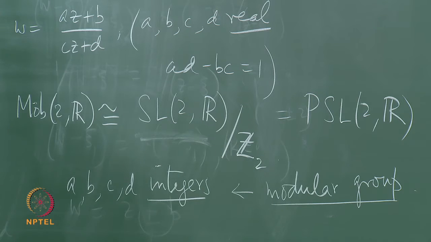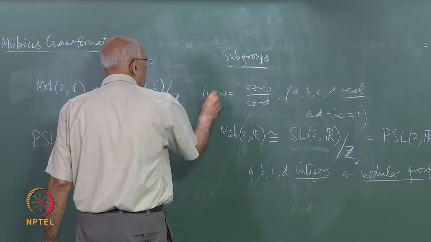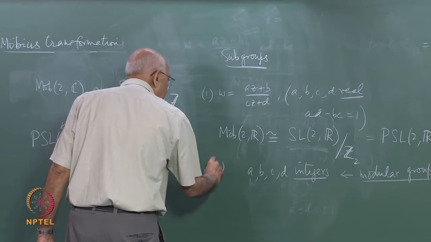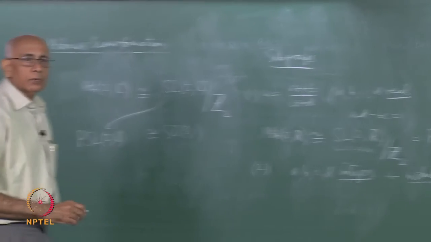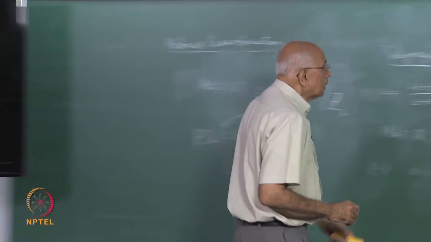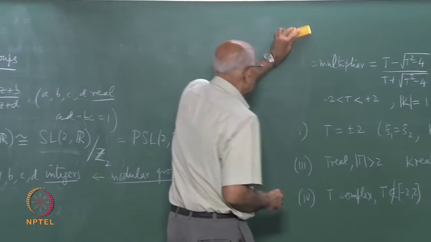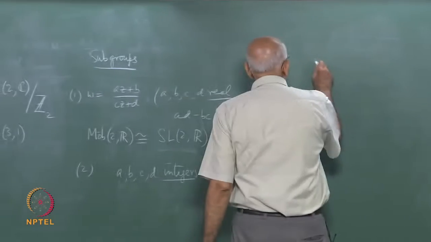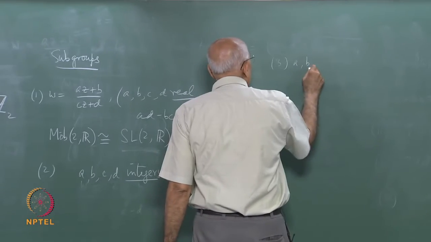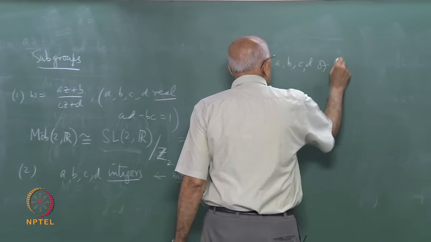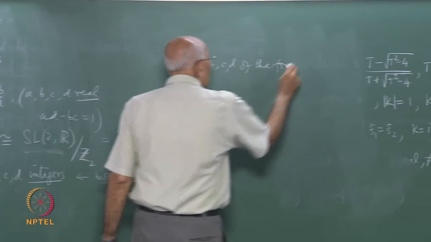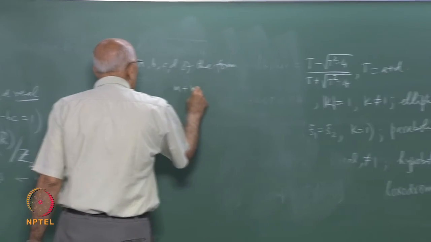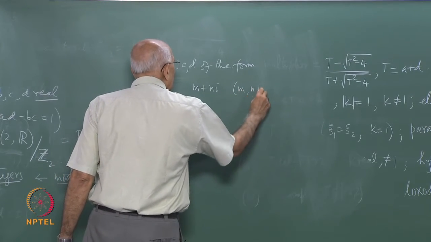So we have identified several of them. One of them is this, real, and then the second one is where these are integers. Similarly, you could have A, B, C, D of the form of what are called Gaussian integers, namely of the form m plus ni, m and n integers.